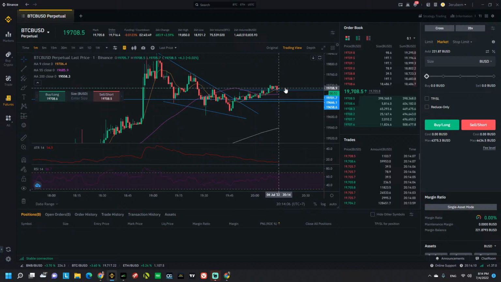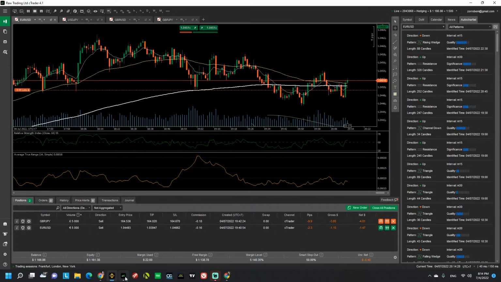If it drops, it has to break these small supports here. I wouldn't take a sell yet, because sometimes if you take a sell, it just keeps on going up. So I'll wait for that.